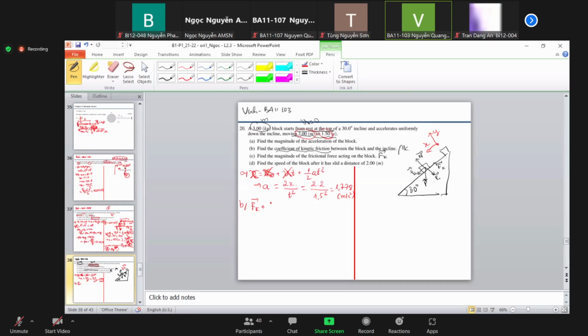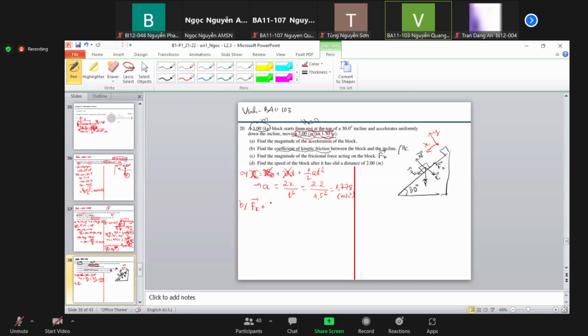Okay. So you should replace it into this, right? Yes. So you have mu k multiplied by mg cos 30 minus mg sine 30 degrees equal to ma. So you remove m. You know a, you just calculated it in part a, right?